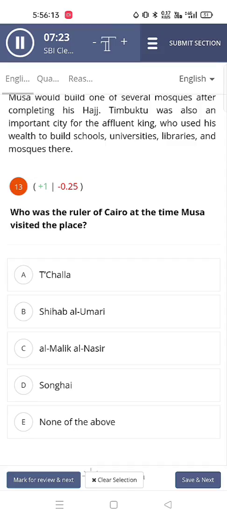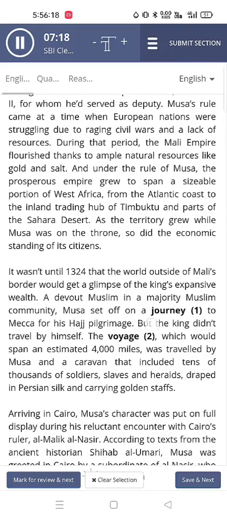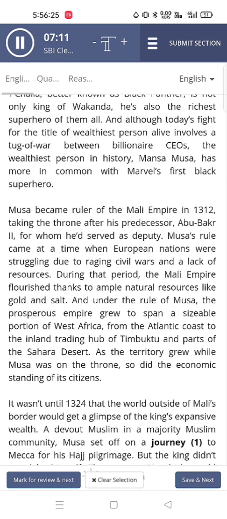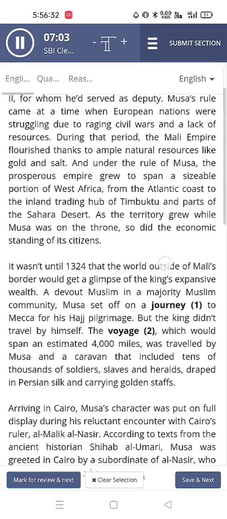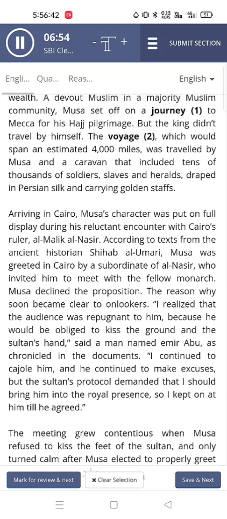Then who was the ruler of Cairo at the time Musa visited the place? We will try to find. Musa became ruler, and then arriving in Cairo, Musa's character was put on full display, and Cairo's ruler Al Malik Al Nasir.